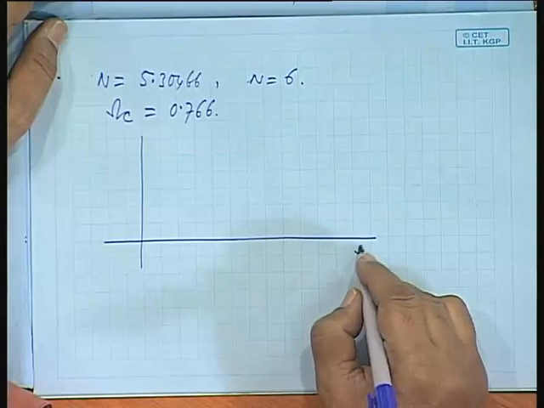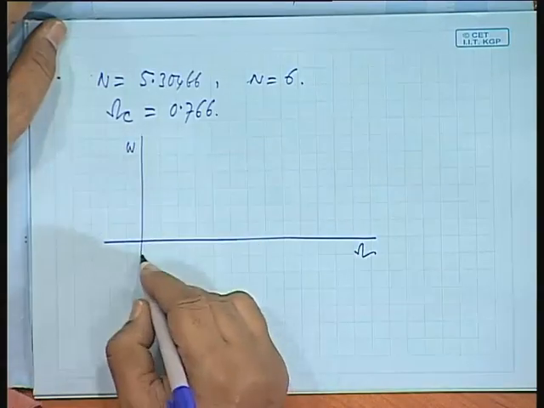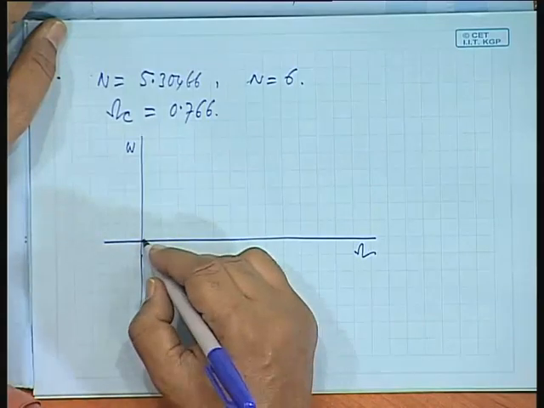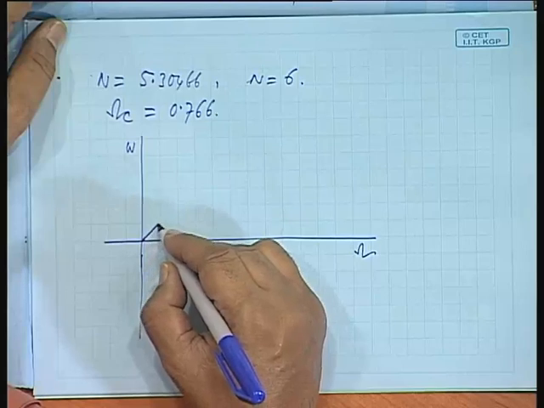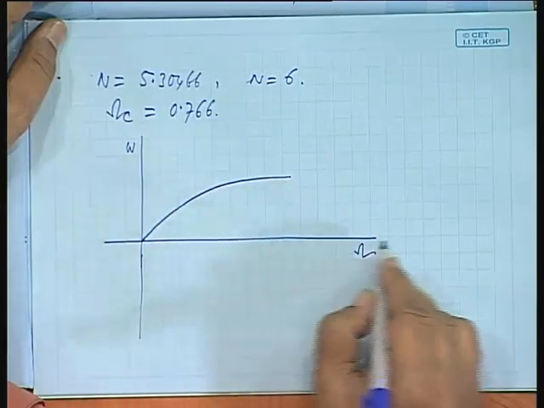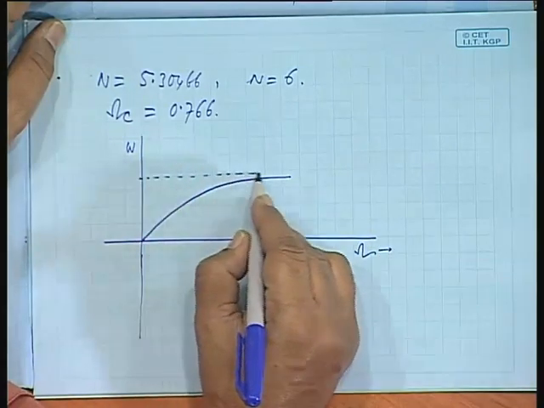Now, see, this is omega, this is small omega, all right. This is the kind of graph we are getting. As capital omega tends to infinity, this omega tends to pi by 2, pi, sorry.